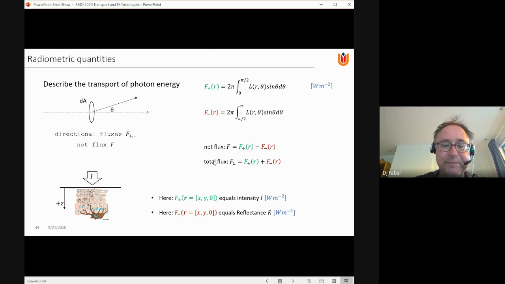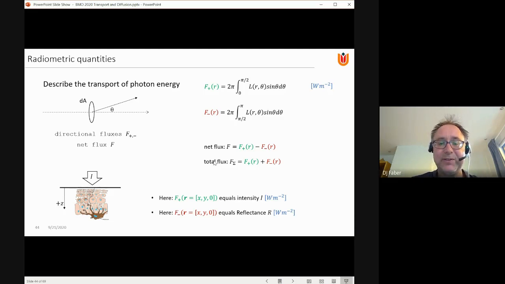That is then the total flux going through that unit area. For an example, if we again take this piece of tissue, illuminate it with an intensity E, and look at the surface or just below the surface, then we define the positive direction as along the direction of the incoming intensity.